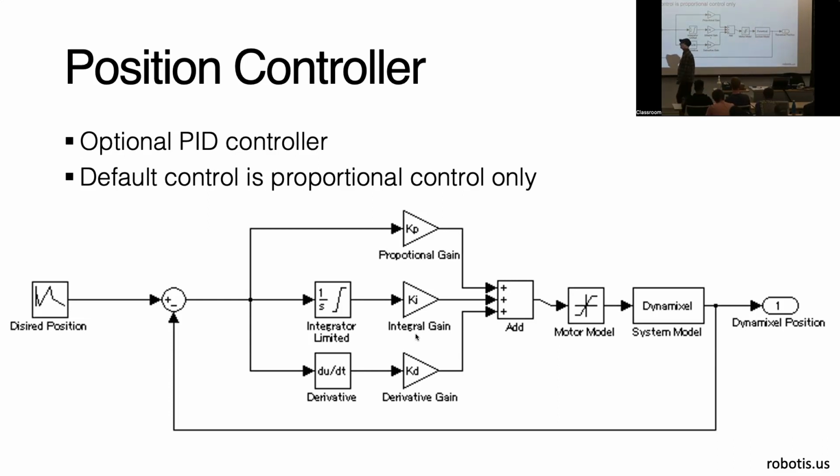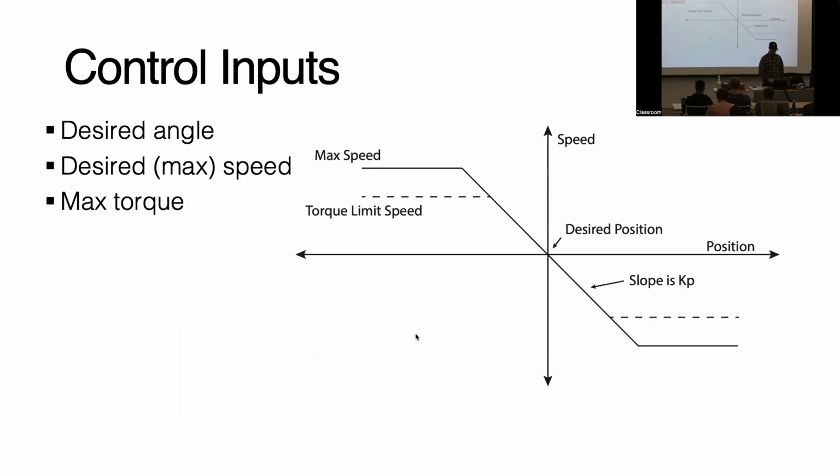I will say that adding integral gain to your shoulder and elbow motors is a very bad idea, and will cause the robot to fail. So don't do that. It will saturate the motors and then they'll overload and then the robot will just fall.